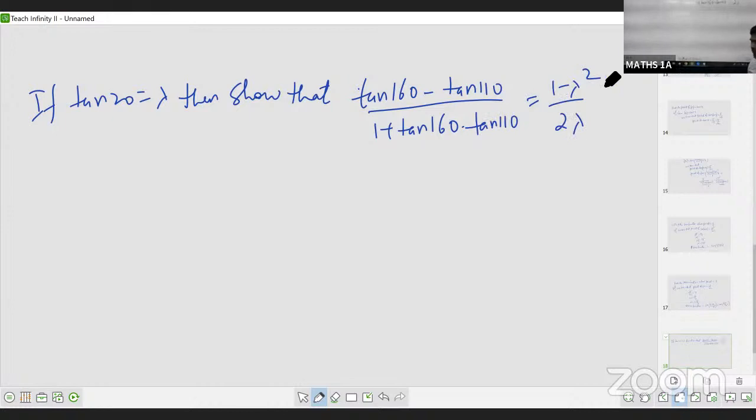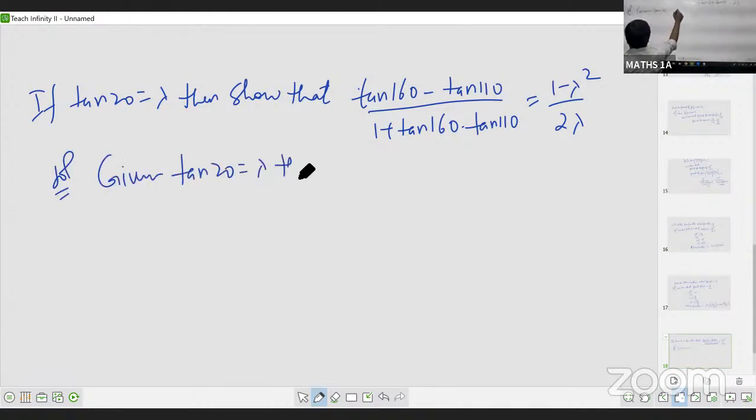This is what we have to show. Is it clear? Now, see the solution. Given tan 20 is lambda, then cot 20, its reciprocal, will be 1 by lambda.